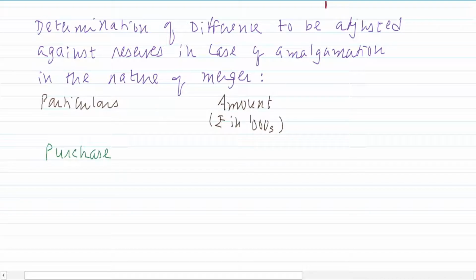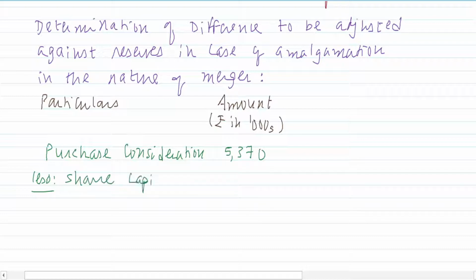So purchase consideration is 5370, less share capital of the selling company, which is nothing but Y Limited.